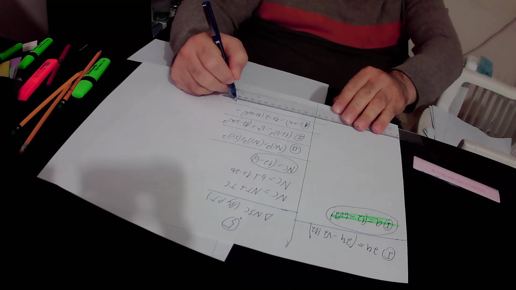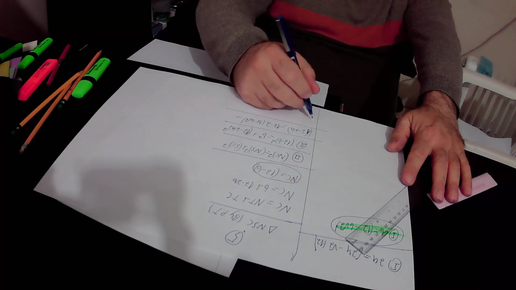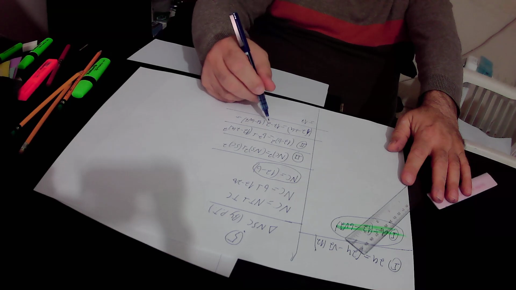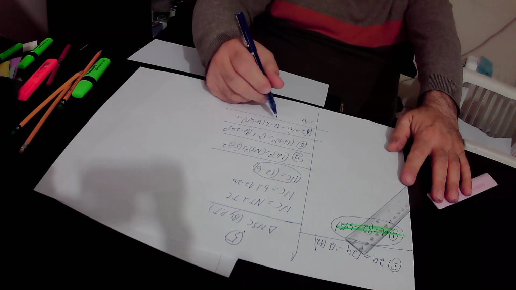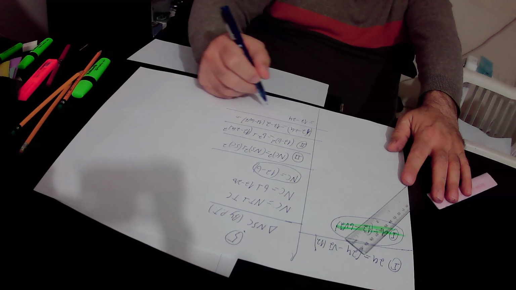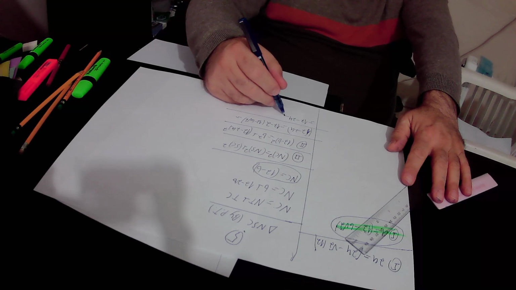So in conclusion, 12 minus 2A equals 12 minus 2 times 12, which is minus 24. Minus 2 times minus 6 is plus 12.